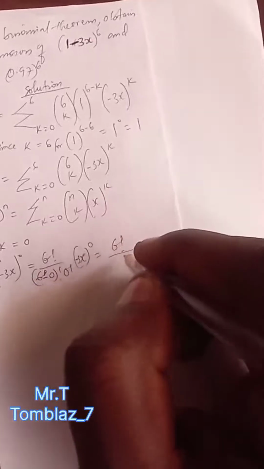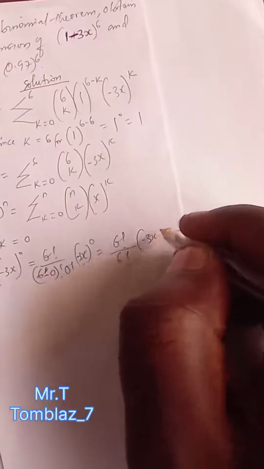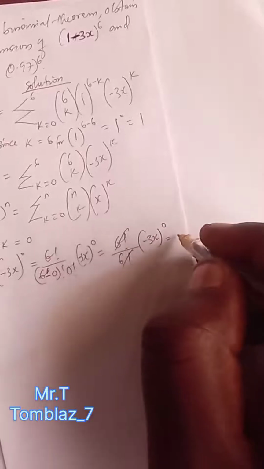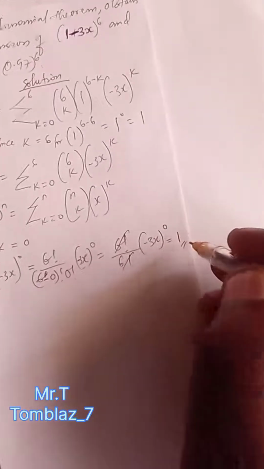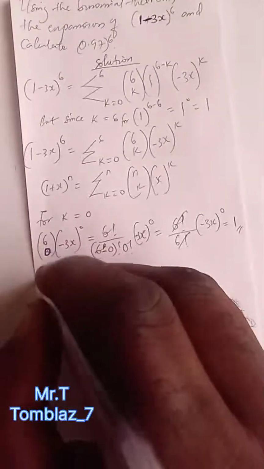So this is 6 factorial divided by 6 factorial, 0 factorial is 1, into (minus 3x) to the power 0. So this cancels, this is 1, this gives you 1.